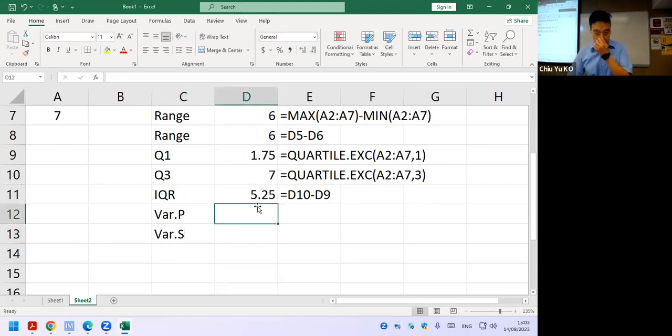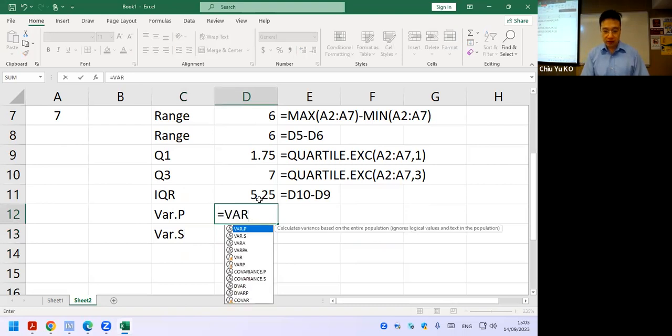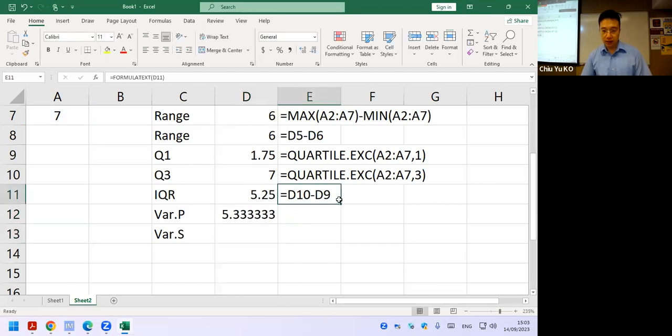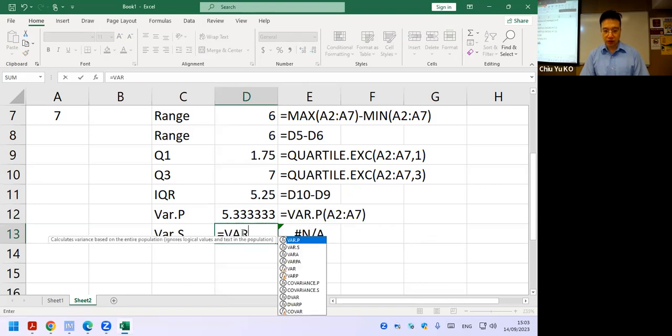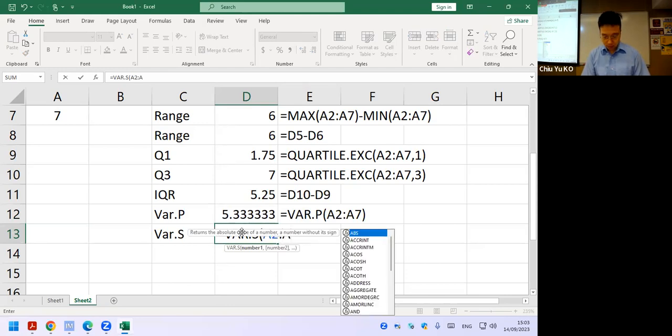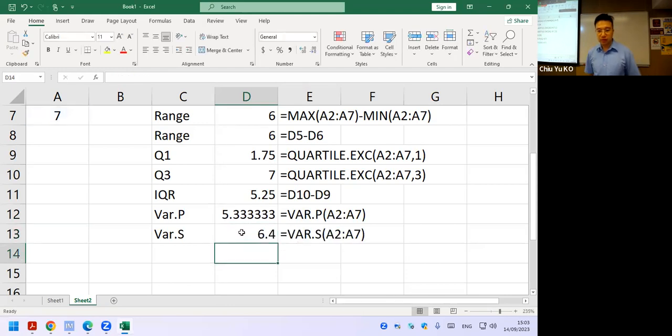For the population variance, we just type VAR.P and A2 to A7. The sample version will be VAR.S, A2 to A7. Depending on data, but this is how you do variance. So you never have to handle those kind of things by hand.